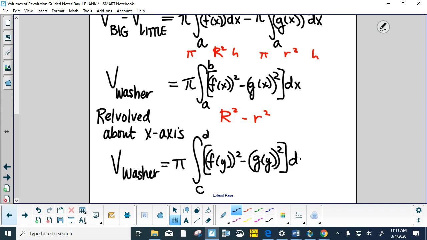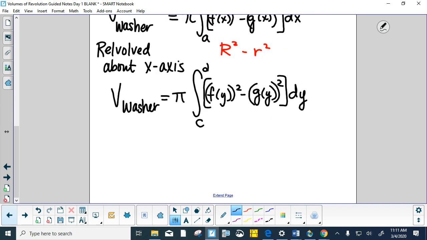We have to have an integral full of y's, and the limits of integration are now c to d, which is what y is going from and to, versus x. So this one is revolved about the y-axis.